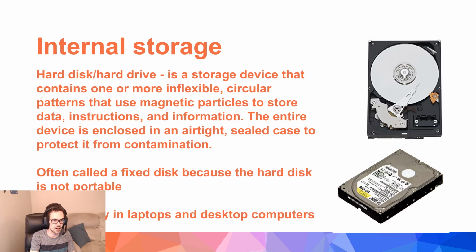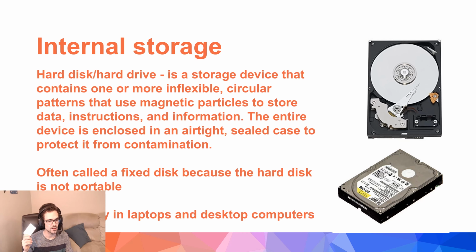Okay. And then there's the computer's hard drive or internal storage, which we just talked about. This storage device contains one or more inflexible circular platters that use magnetic particles to store data, instructions, and information. It's basically an airtight device that's enclosed and sealed in there to protect the platters so that no dust particles can get in there and damage it, no water, no anything should contaminate these platters that are in there.